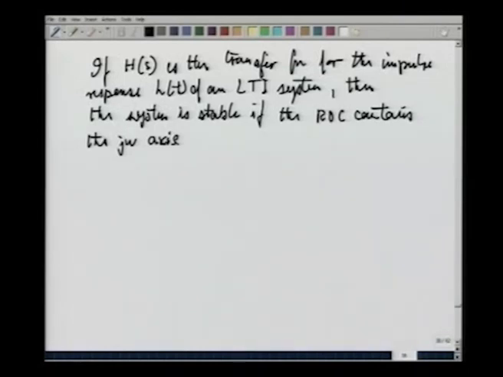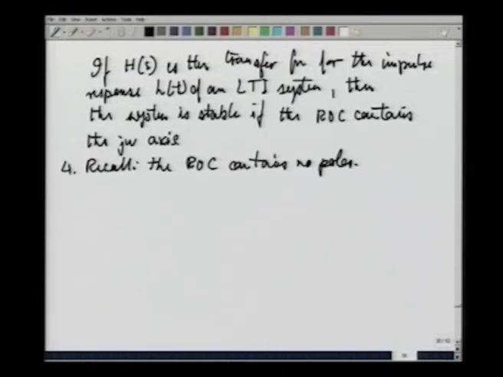Further, next argument, the ROC contains no poles. We are just recalling the argument. Recall the ROC contains no poles.